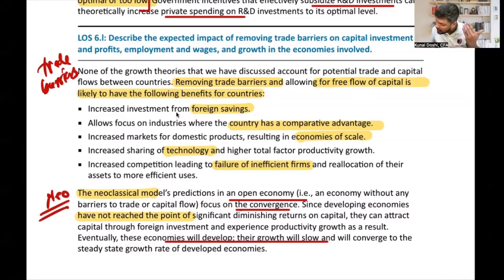Why? Because we need to allow the foreign capital or foreign investment to come in. Clear? So neoclassical believes that developing economies need more of the capital, and therefore there should not be trade barriers or even barriers in capital. Capital should be freely convertible, meaning capital should be easily allowed so that it can invest in technology, right?